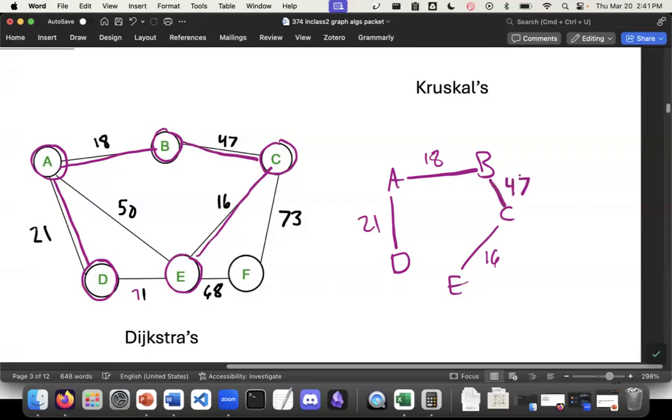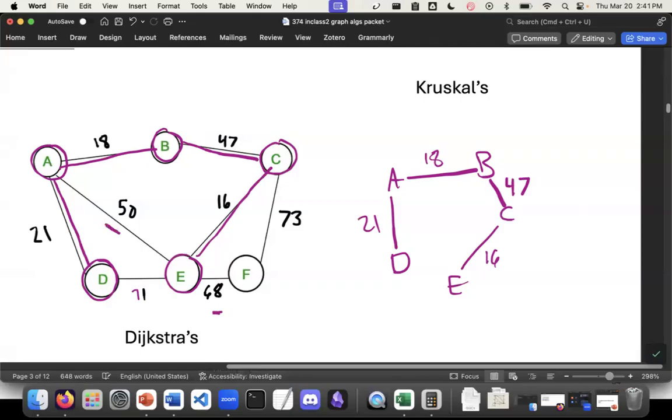So now we're connected. Hooray. What's the next smallest edge? 68. So that's the next one that we're actually going to take.